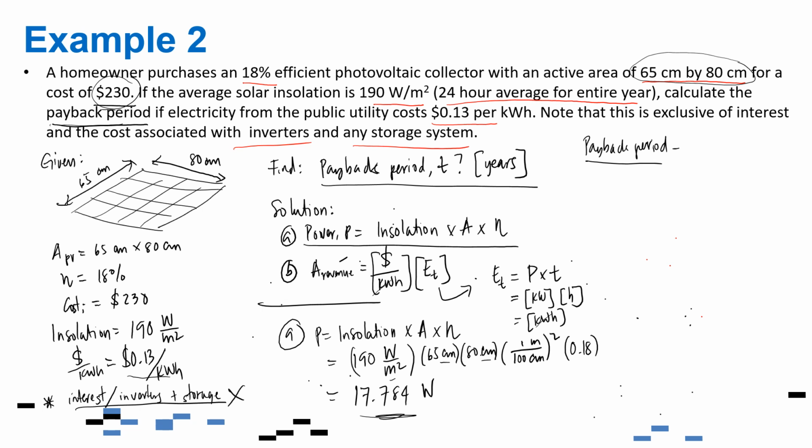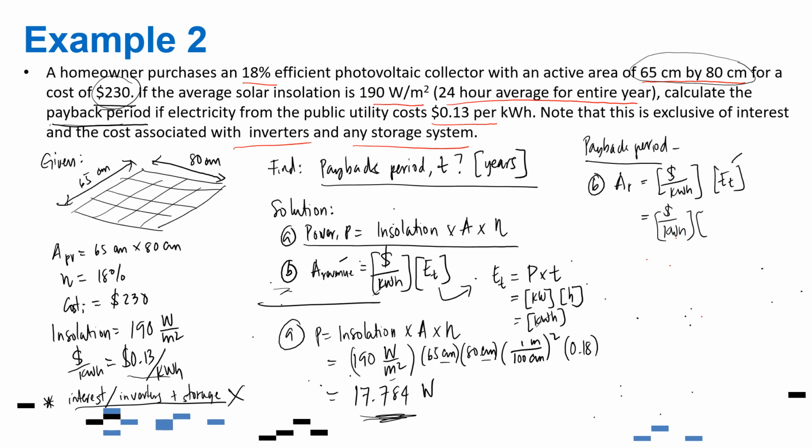So in this case, we can use letter B as our formula here. The annual revenue is equal to the cost per kilowatt hour of electricity times the total energy, E sub T. We can also expand this one: dollar per kilowatt hour times E sub T, which is power times time.